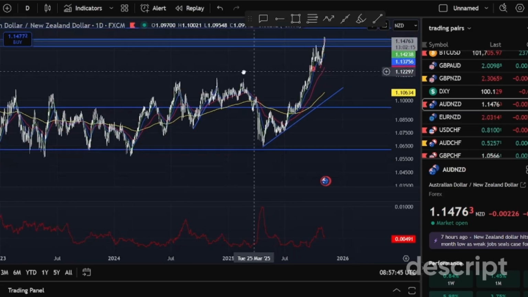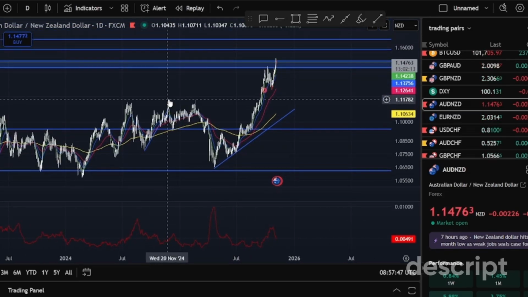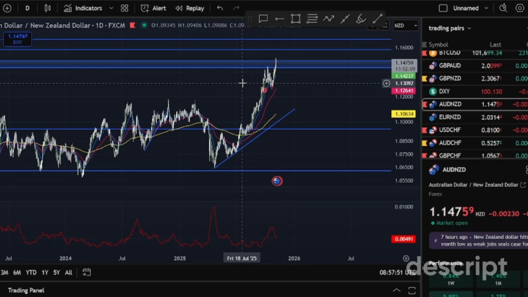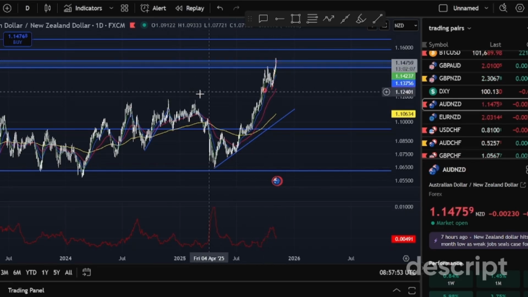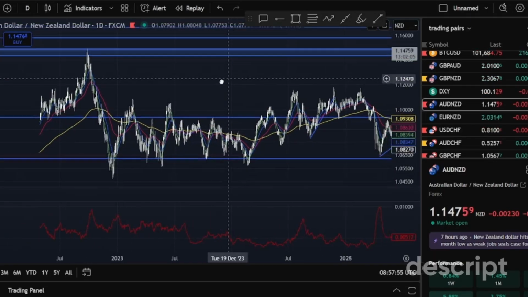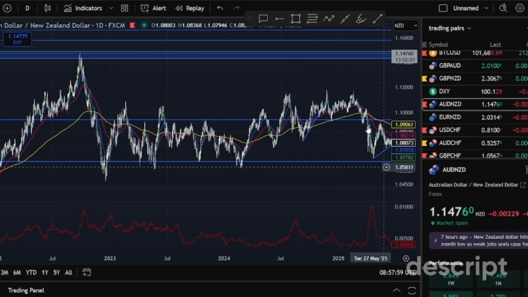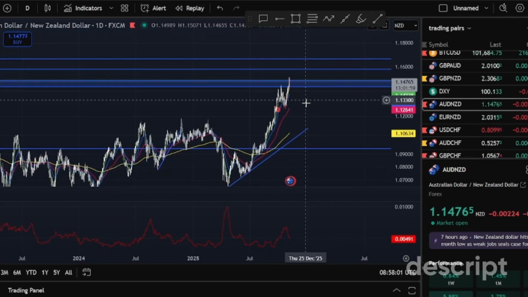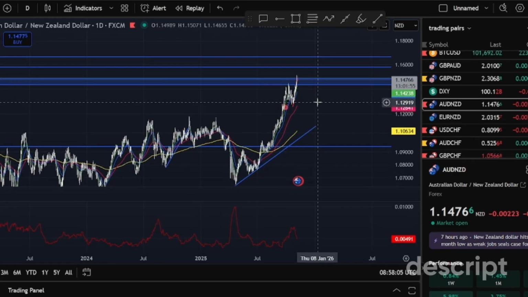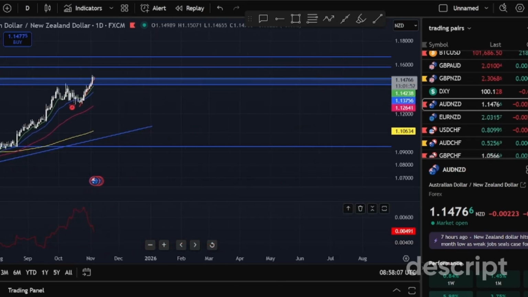So what do you expect after you've broken into a new high? You're going to expect a pullback. We're expecting it to make a higher low, and this is a very good place where it could possibly make one from.